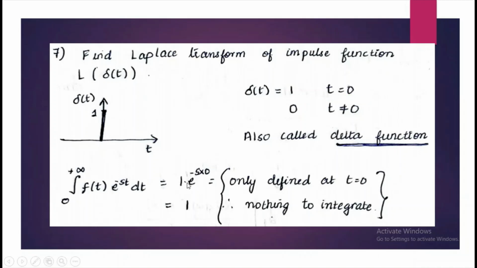We'll substitute 1 for f of t, then e raised to minus st, where t will be equal to 0, the only point where it is defined. So we'll get the answer as 1. This is a very important question, and we get the Laplace transform of an impulse function or delta function as 1.